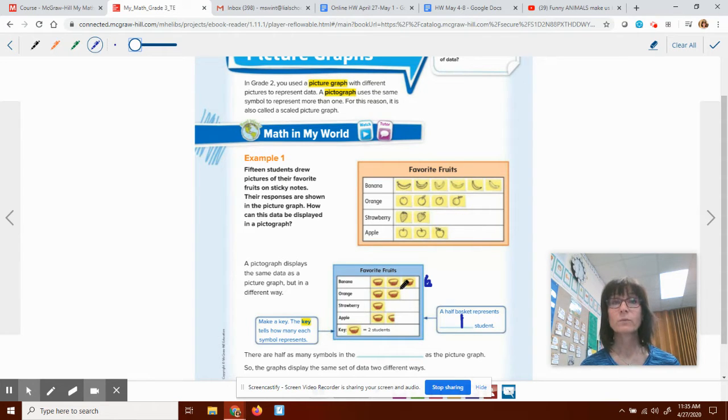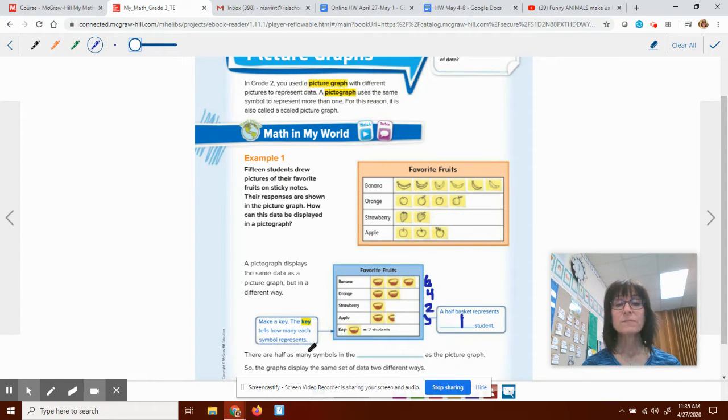Under the oranges, I have 1, 2, 3, 4. Well, if each basket represents 2, 2, 4, I will only have 2 baskets. My strawberries, if I show 1 basket, I know I had 2 strawberry lovers up there. And lastly, if I had 1.5, I know it's 2 plus 1, which means there were 3 people that really liked apples.